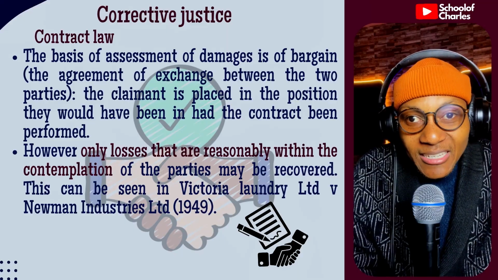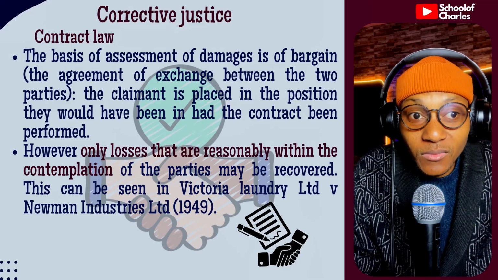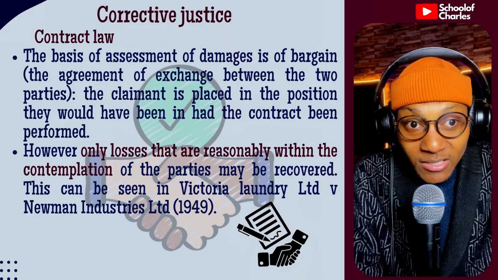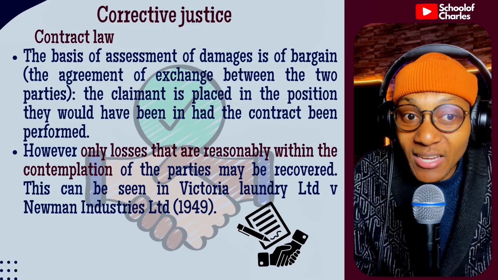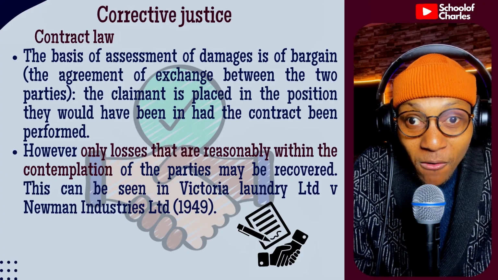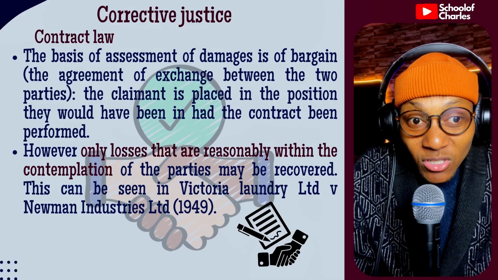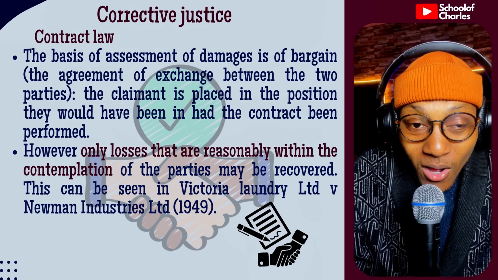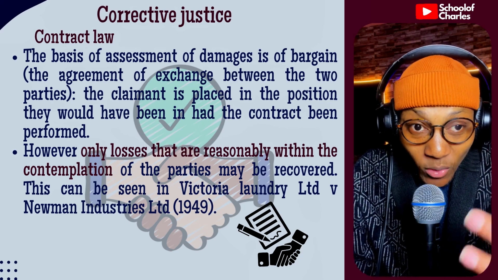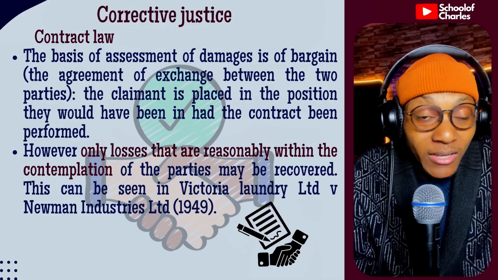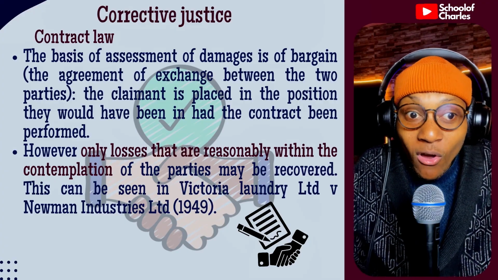And the court said that Newman Industries will not be paying for those damages, because it was not reasonably foreseeable that Victoria Laundry was going to lose money from a lucrative deal. In fact, Newman Industries did not know about the lucrative deal.